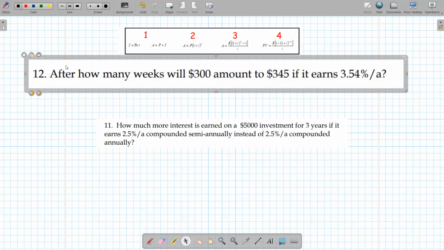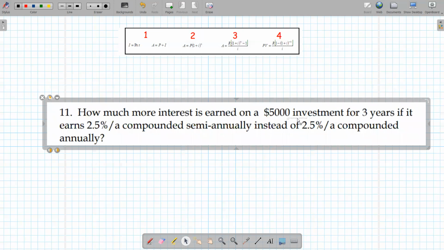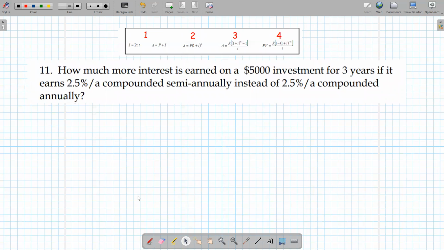Okay, let's look at this one. How much more interest is earned on a $5,000 investment for 3 years if it earns 2.5% compounded semi-annually instead of 2.5% compounded annually? How much extra interest is earned?